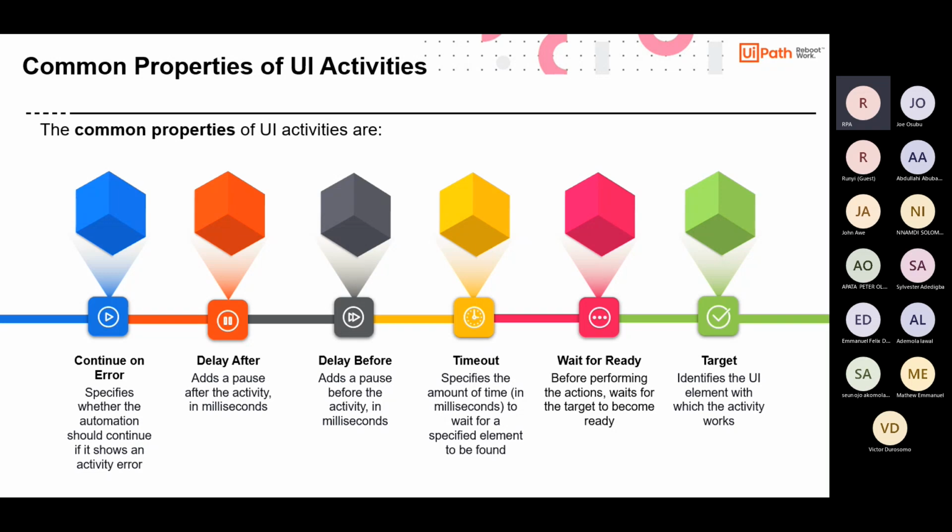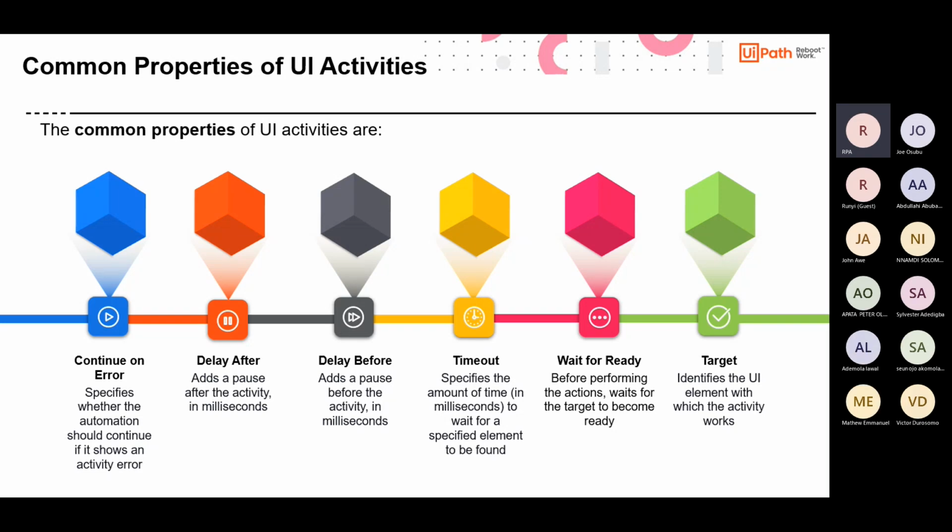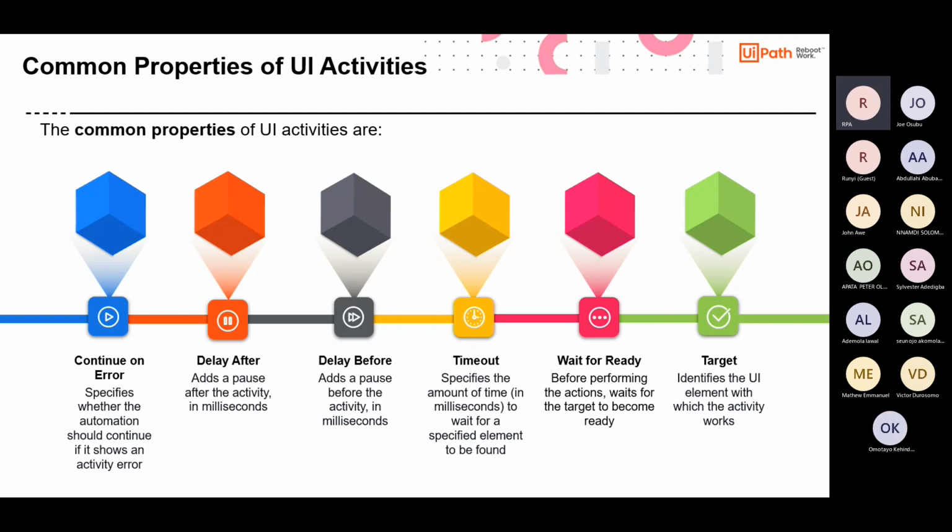If after 30 seconds, 30,000 milliseconds, it's not found, then of course it's going to throw an error. You can also adjust that to a convenient figure. You can put it to 10,000 milliseconds, or 5,000 milliseconds, which signifies 5 seconds.